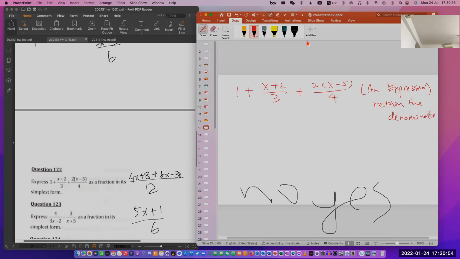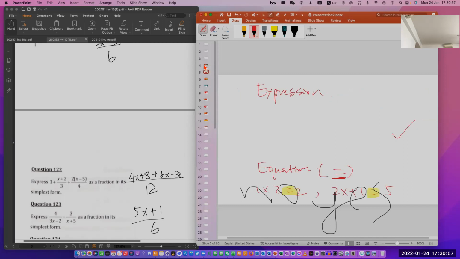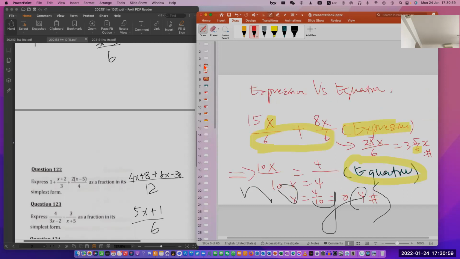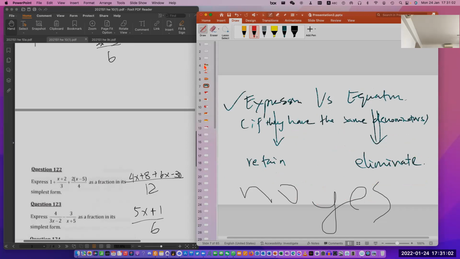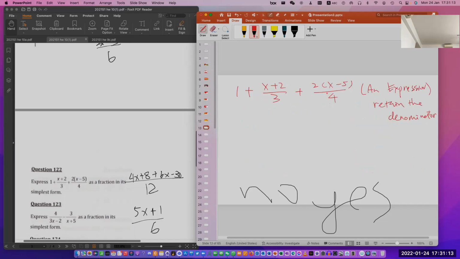You're supposed to retain for an expression. You can eliminate for an equation. So we are dealing with an expression here, so we need to retain the denominator. All right. So for this question, let me show you my way of doing it first.